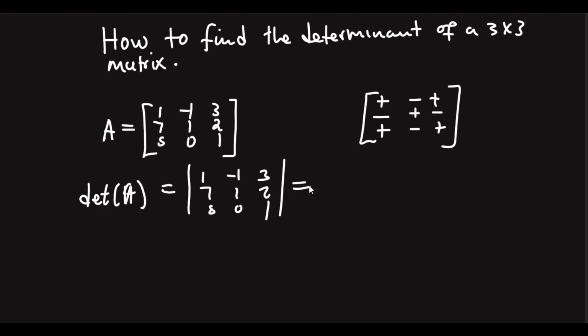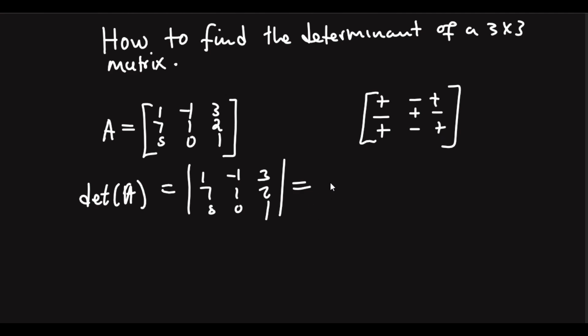So here's the thing. If I were to use this row, the third row, to find the determinant for this matrix, this is what I would do. The first value would be multiplied by positive, the second value by negative, the third by positive.